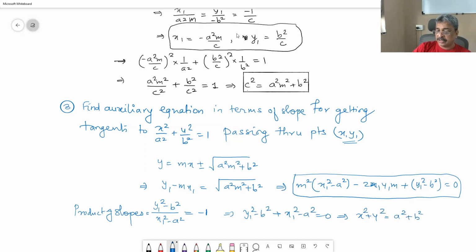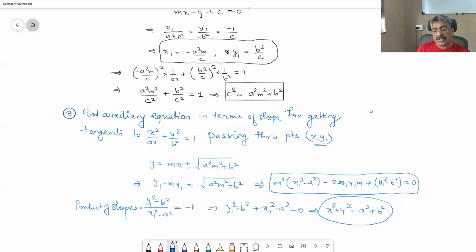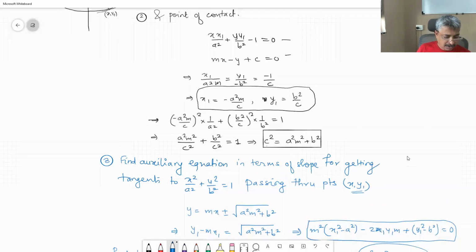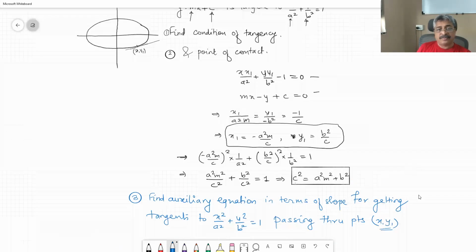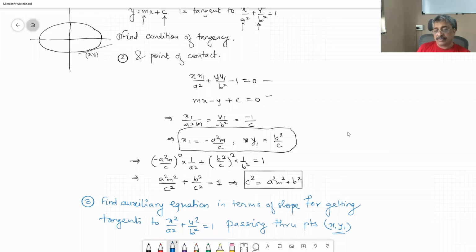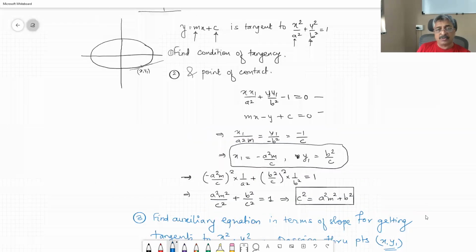Oh, this is a circle. So the locus of perpendicular tangents to a given ellipse is a circle and is known as the director circle. And the radius of that is radical a square plus b square.